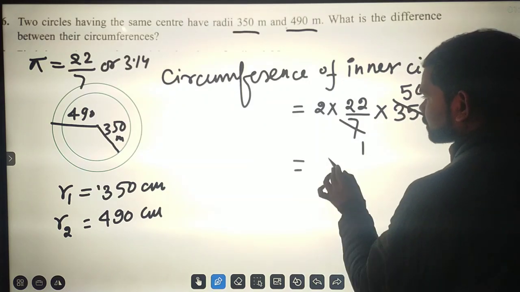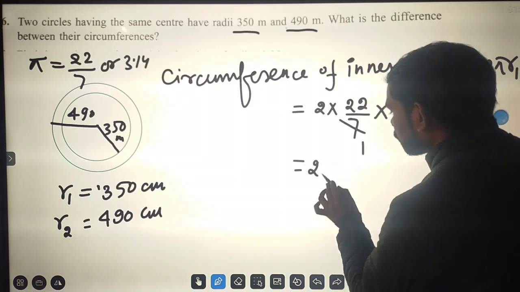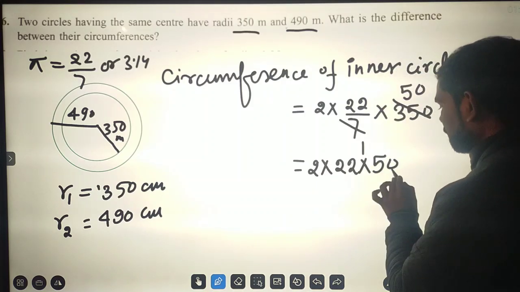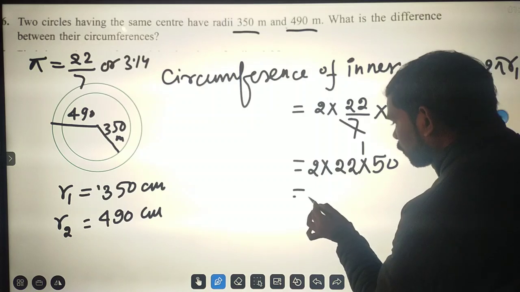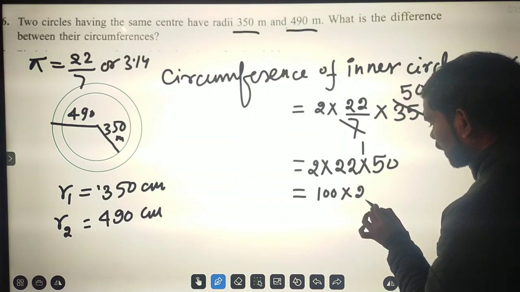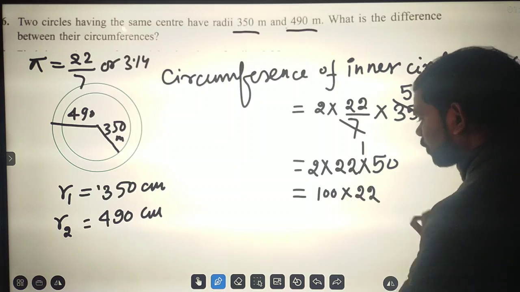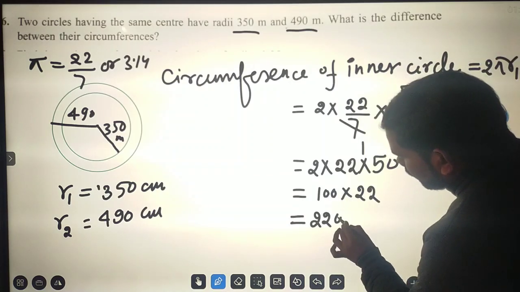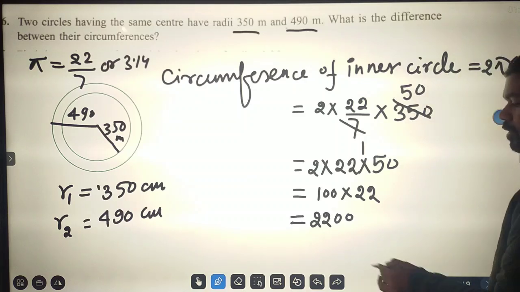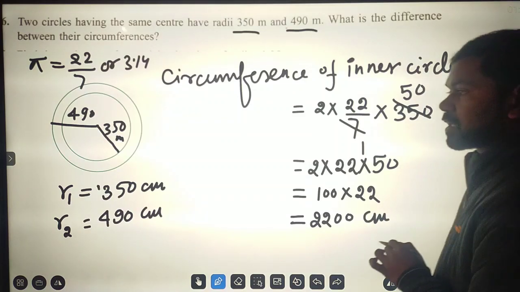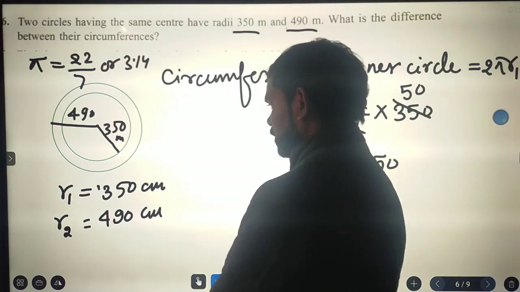Therefore we get 2 into 22 into 50. 50 multiplied by 2 is 100, and into 22. When 22 is multiplied by 100, we get 2200. Therefore 2200 centimeter is the circumference of the inner circle.